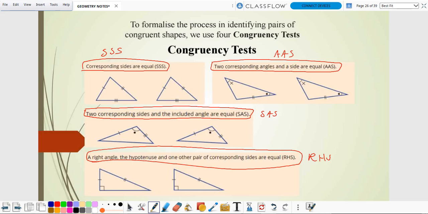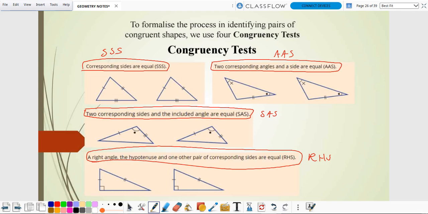The hypotenuse, remember, is the longest side of your triangle. So if the hypotenuse is the same, as well as another side, then they're going to be congruent. And the hypotenuse is always opposite the right angle.